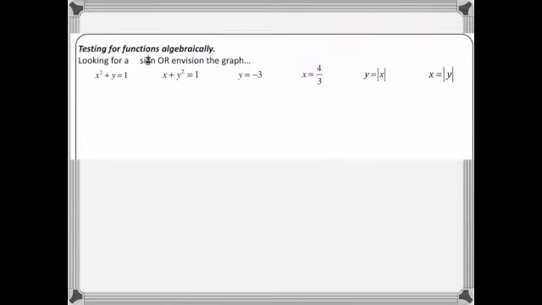All right, so for these guys right here, and I don't know why the plus minus sign hopped over right on top of the sign there, we're looking for some algebraic testing for functions. In this case, we're going to work under the assumption that X is the input and Y is the output.